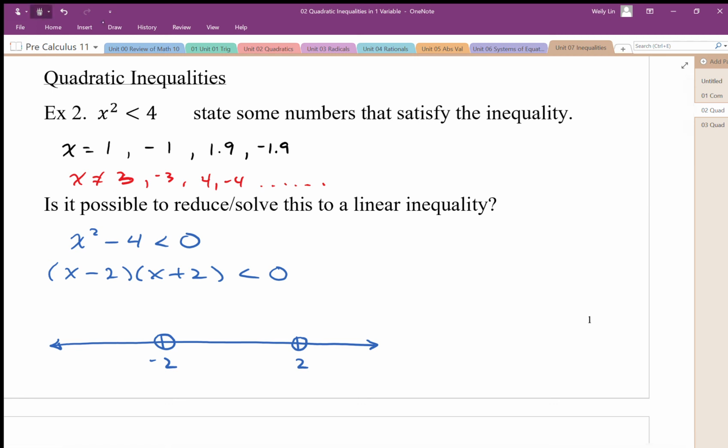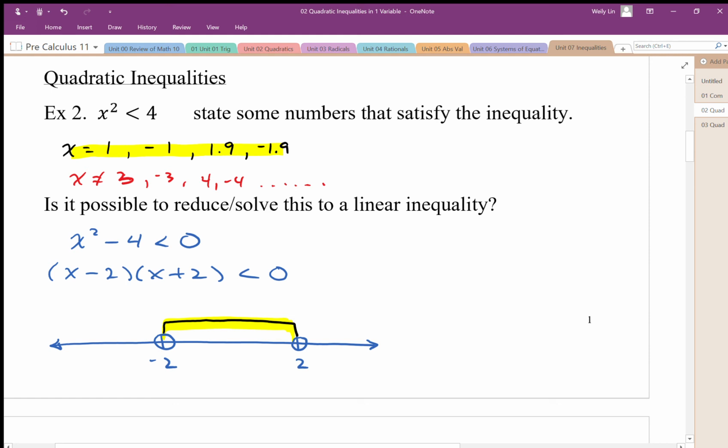My solution is going to be these numbers here. Okay, and those numbers happen to be between -2 and 2. So that represents my solution. Okay, all these numbers in here. All the numbers 3, -3, they're all on the outside, and they represent numbers that do not satisfy this inequality.